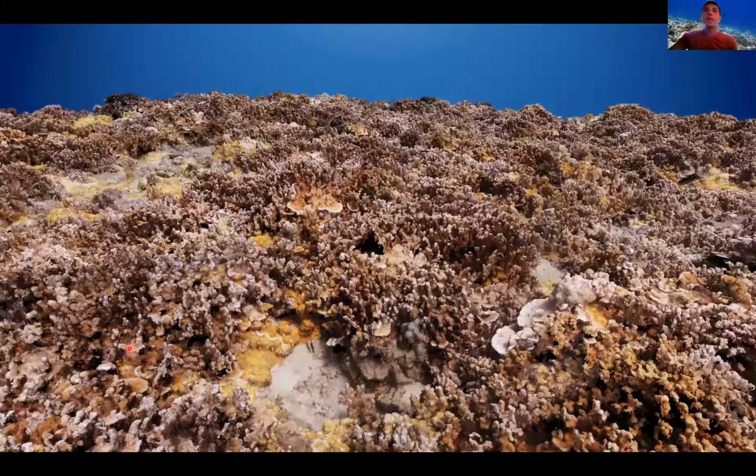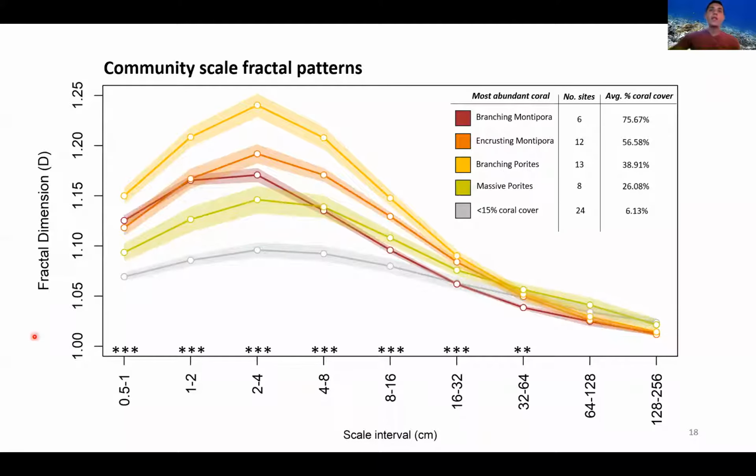And so it's useful to be able to distinguish between coral structure at a colony scale, but as this screenshot from one of our models demonstrates, reefs are characterized by different types of corals. So it's also beneficial to look at the community scale to see if we detect the same patterns. And to do this, we surveyed 10 by 10 meter sites from the Hawaiian Islands and classified those into 4 different coral communities.